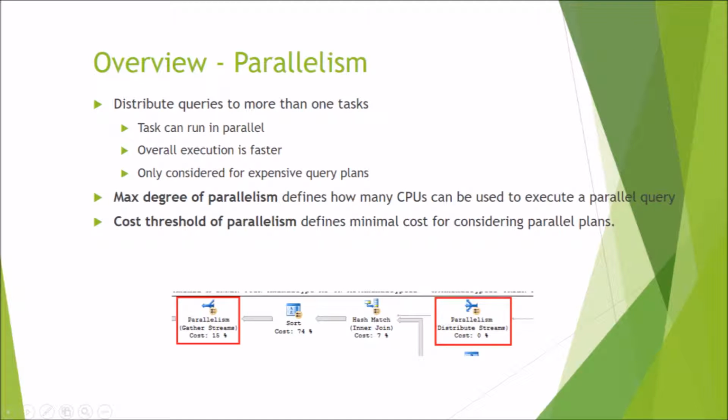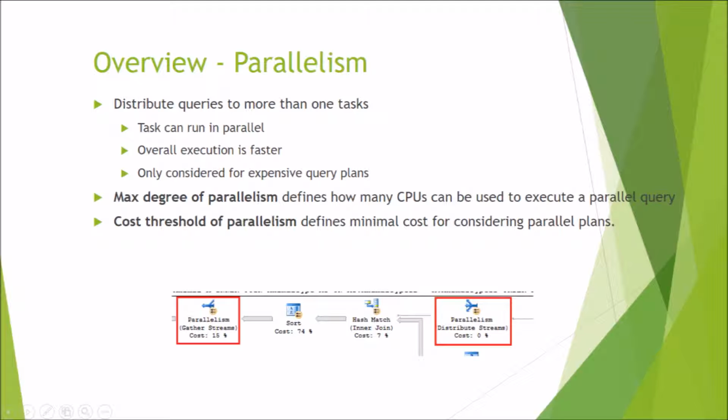You can't talk about CPU usage unless you're talking about parallelism. Now, SQL Server executes queries in sequential plans on a single task, and to reduce the overall execution time, sometimes SQL Server will decide to distribute those queries over several tasks so that it can execute much faster.